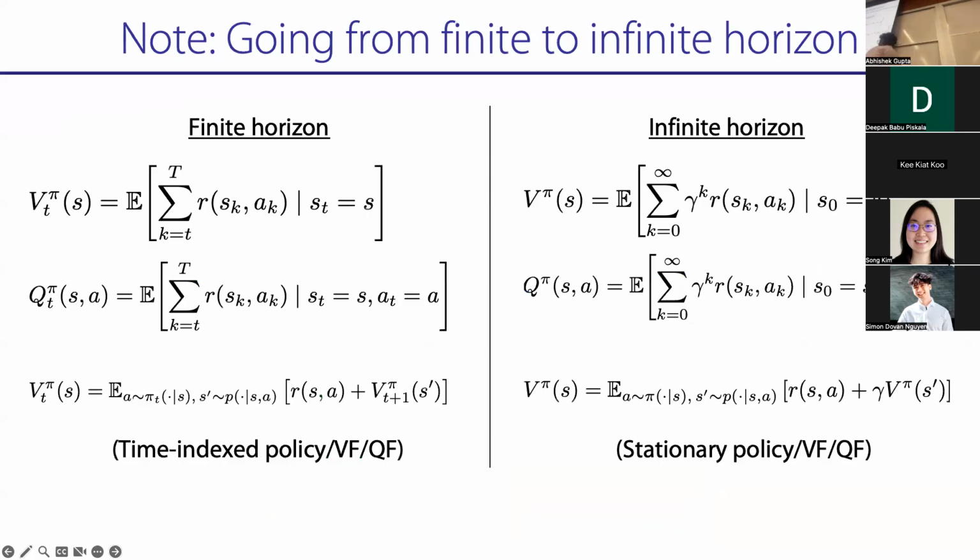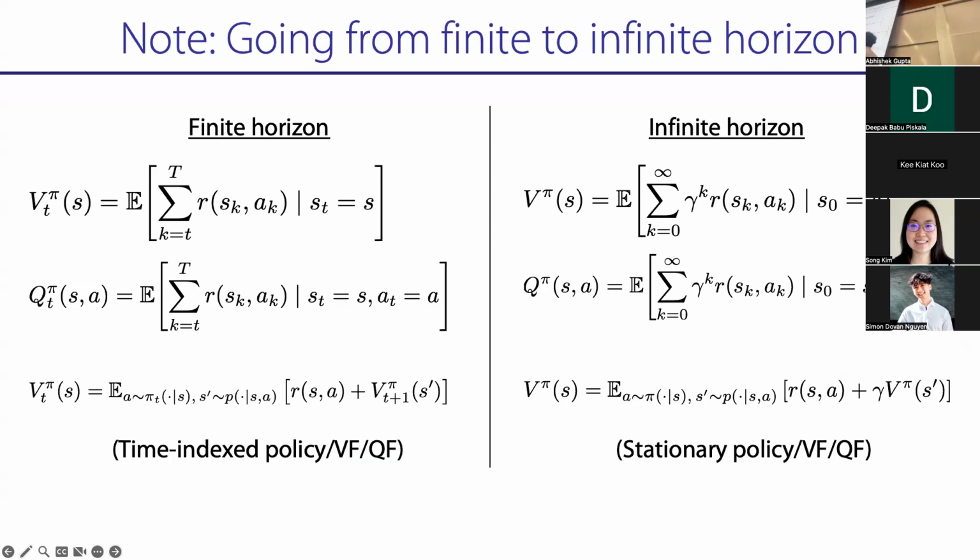Cool. One thing that I've been generally a little sloppy with throughout this class is finite horizon and infinite horizon and so on. So this is a slide for reference. If you're finite horizon, you have to have time-indexed value functions, policies, and Q functions, because what you would do with 5 steps left and what you do with 1 step left is different, right?